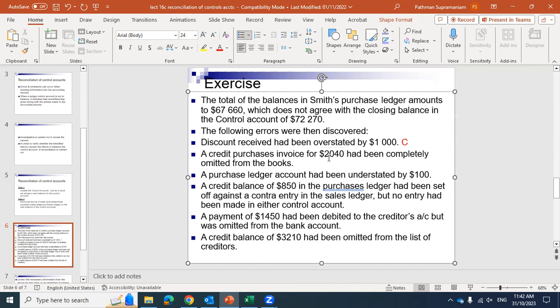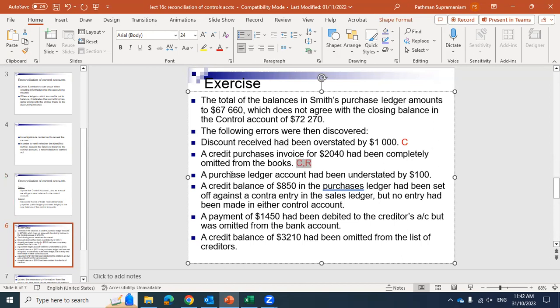Since the detail is missing, that's going to affect this figure 67,660. Hence, we have to show it in the reconciliation, and it's also going to affect the control account. So I'm going to label this as C, R.